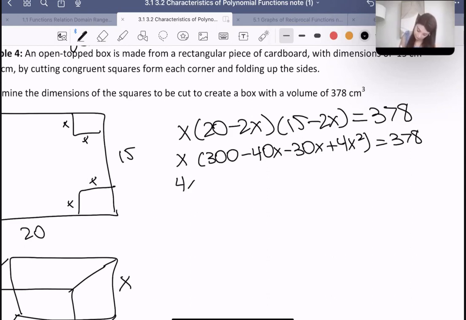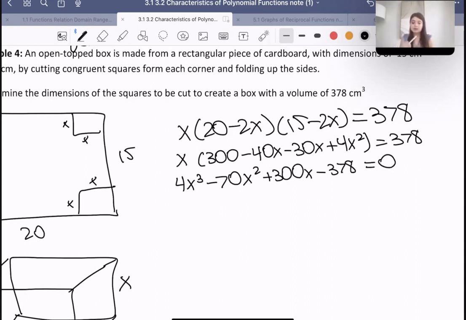So we have 4x cubed minus 70x squared. And then we have, let's see, 300x, and then minus 378 from the other side is equal to 0.